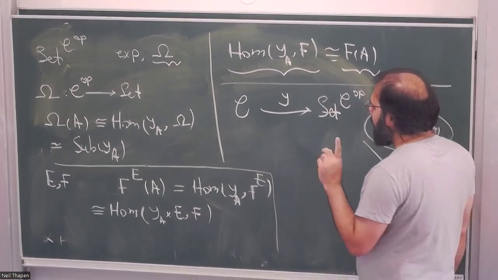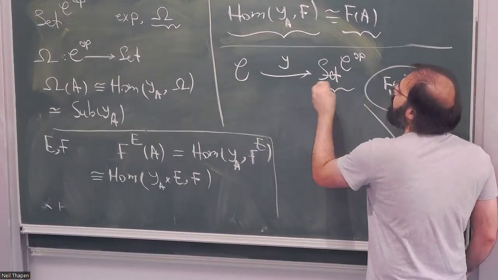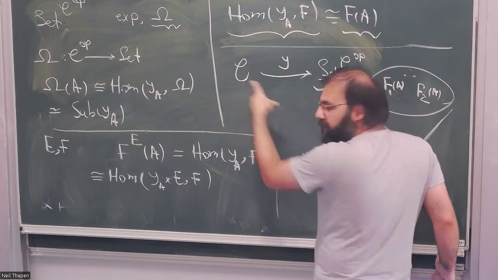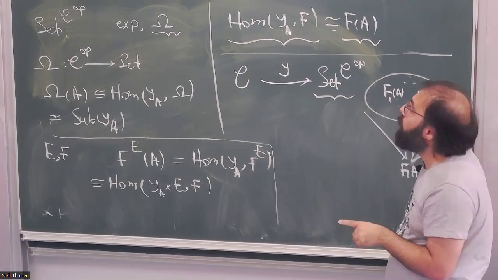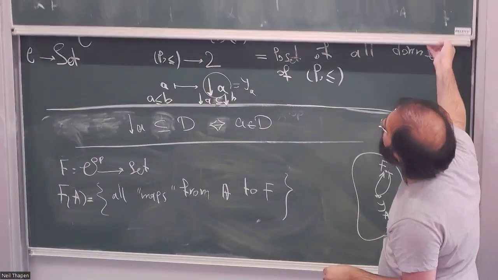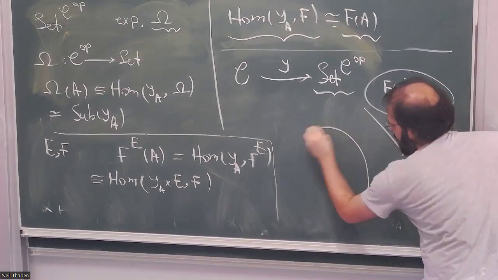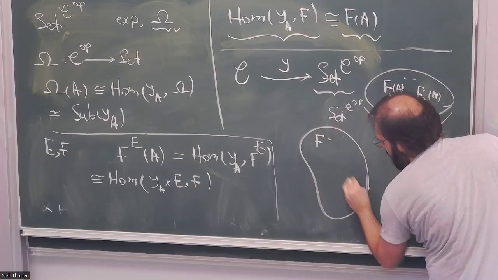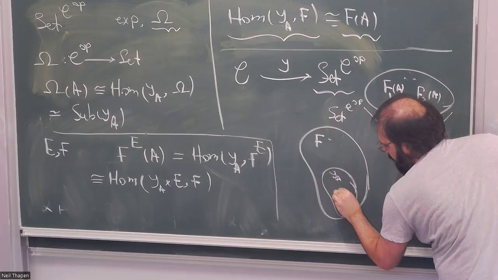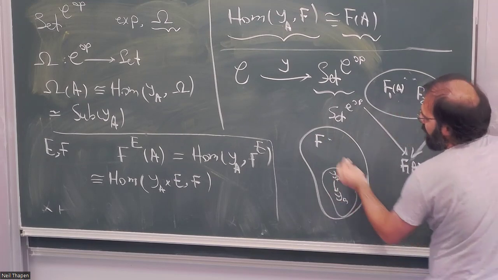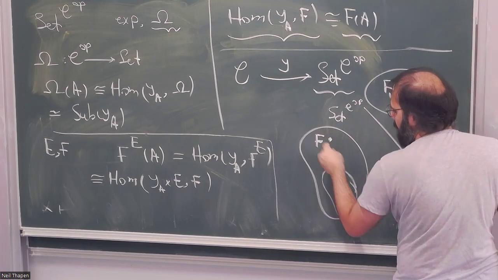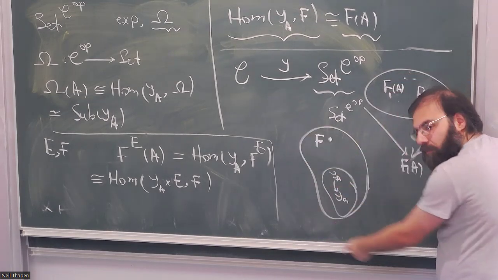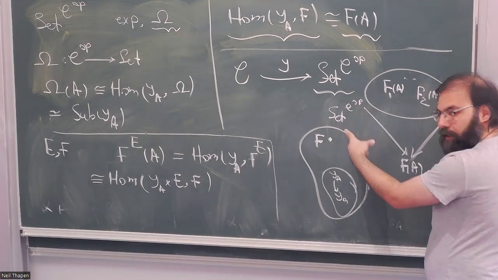But the second thing, and this is the amazing part, is that any F here is actually a co-limit of the elements here. So what I'm saying is this. This is my Set C opposite. I have some F here. The Yonedas live here, right? So what I'm saying is that any F is just the co-limit of some Yonedas inside the big one.